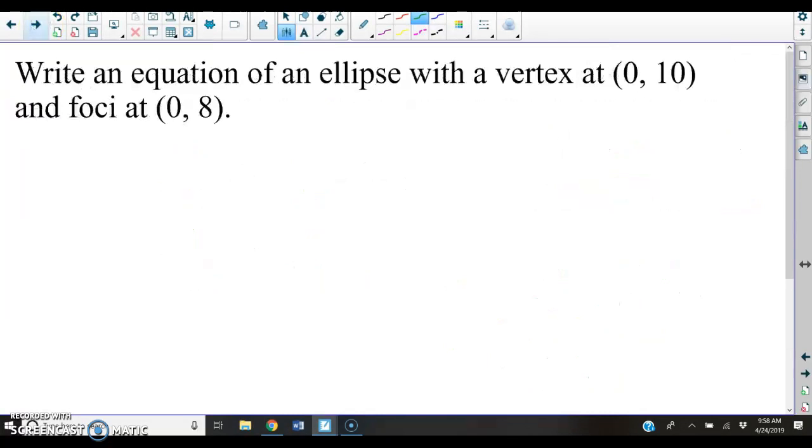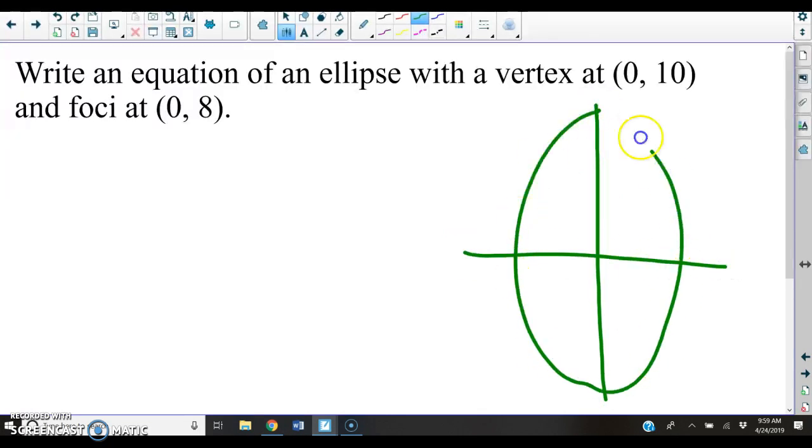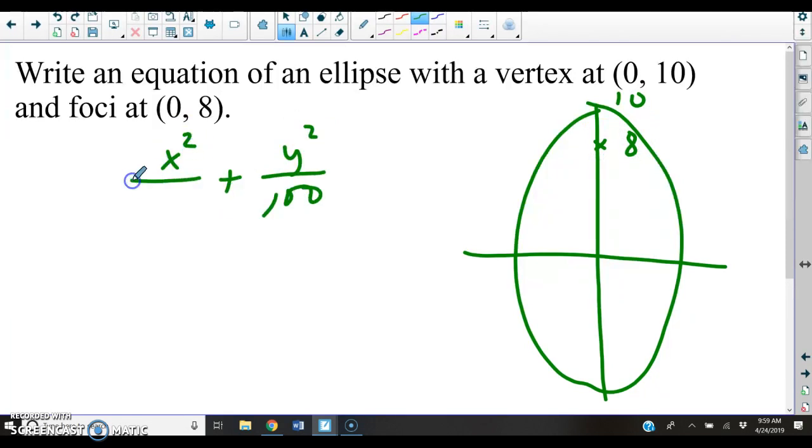Okay. Write an equation of an ellipse with a vertex at 0, 10, and foci at 8. Okay, so here's my 10, here's my 8. So I know it's going to be y squared over 100. Do you understand how you're going to find your number under your x squared?